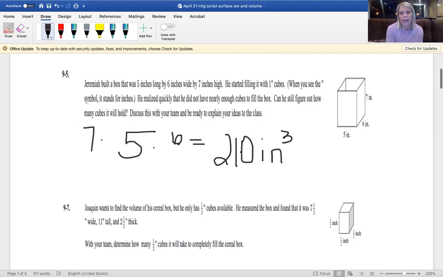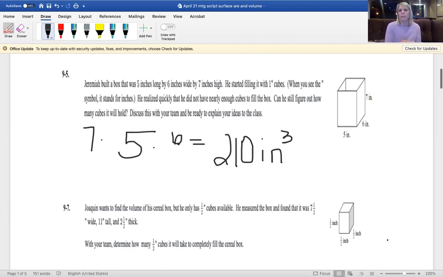But this one's a 1/2 by 1/2 by 1/2. So if you have a calculator available, you don't have to put the fraction, just make the decimal. Do a 1/2 times a 1/2 times a 1/2. What do you get? Because that little cube is not worth 1 inch cubed.